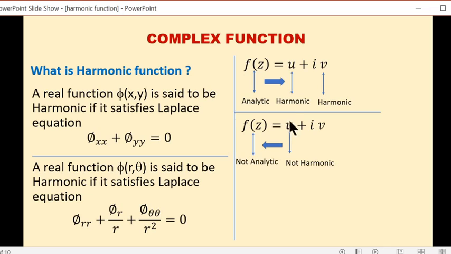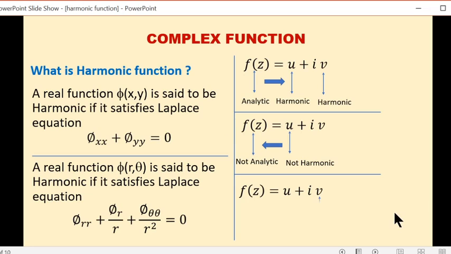So if u is not harmonic, we don't even know about v, but just u. If it is not harmonic, then we can say very confidently that f of z is not analytic. So this is the second concept. Let's look at the third concept. Again, we have the function f of z equal to u plus iv.